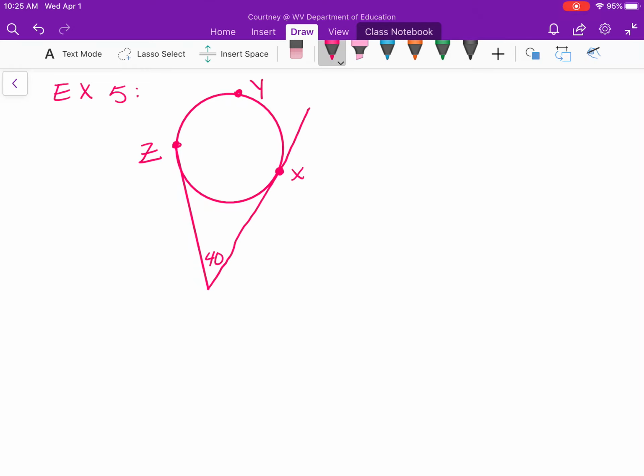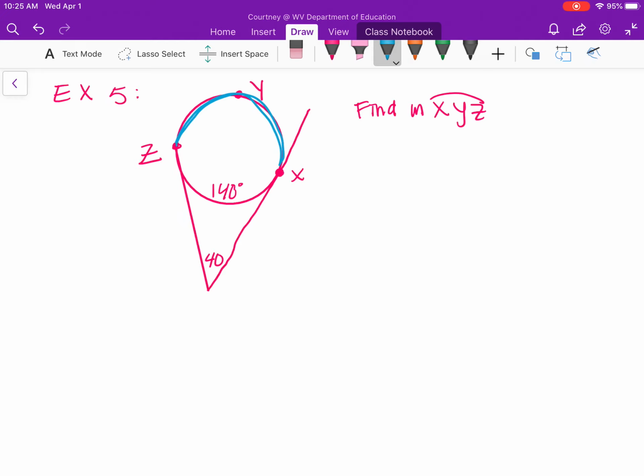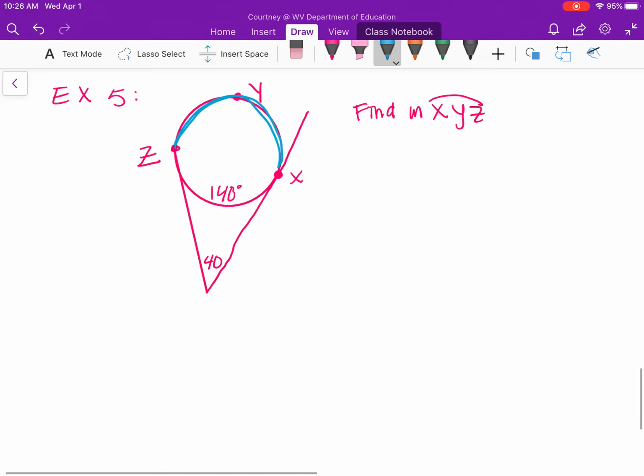This angle is 40. And this arc is 140. It wants us to find the measure of arc X, Y, Z. So this blue one right here, X, Y, Z. So our formula, oh, well, actually, we can do it in an even easier way.